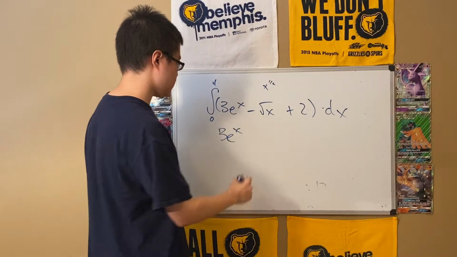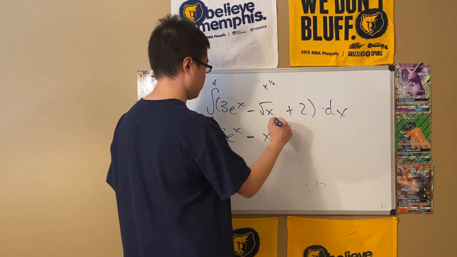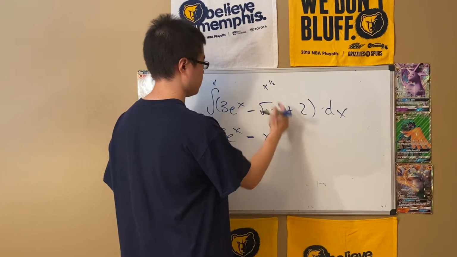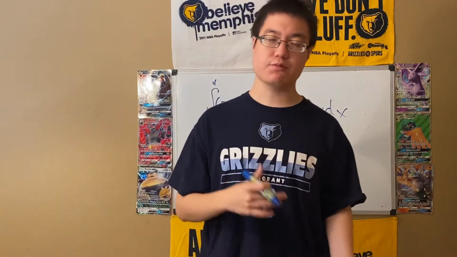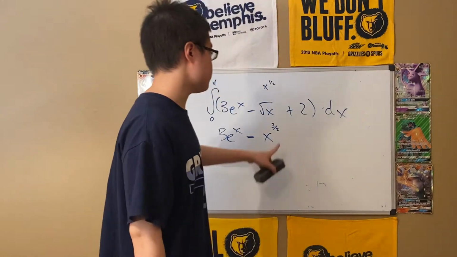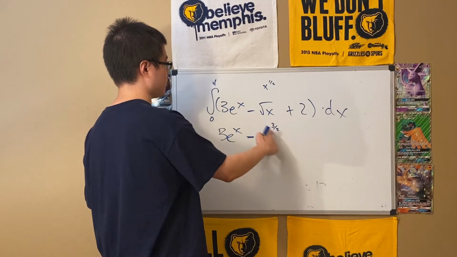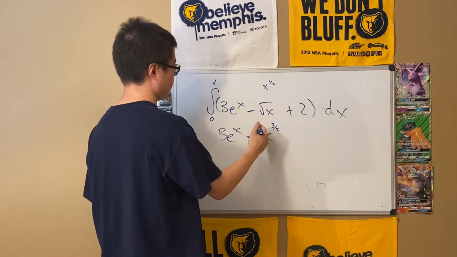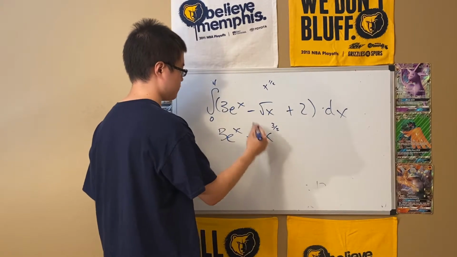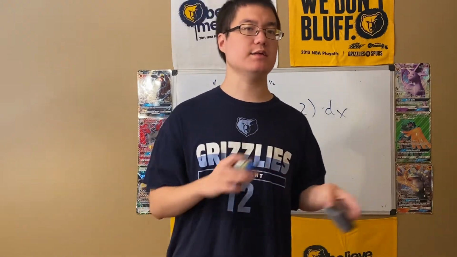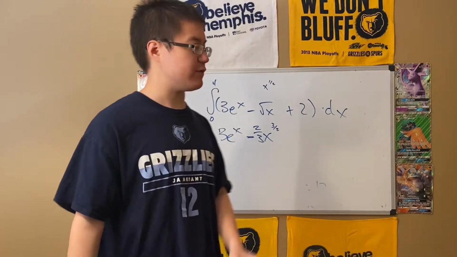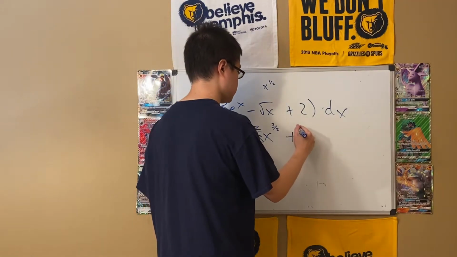So it's going to be minus x to the 3/2, because again, you add 1 to your exponent. 1/2 plus 1 is 1/2 plus 2/2, that's 3/2. Then don't forget, take your new exponent and flip it and put it in the front, 2/3. Then the antiderivative of plus 2 is plus 2x, because the antiderivative of any constant is constant times x, like 7 is 7x. So it's plus 2x.